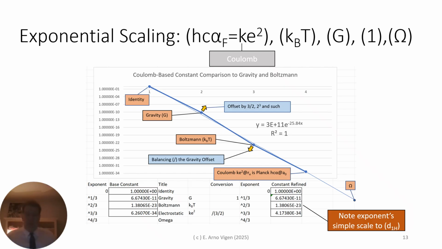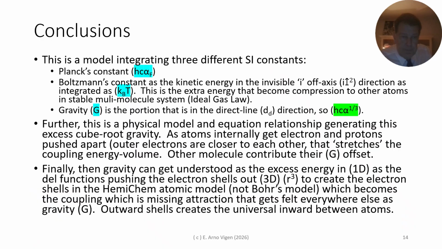So what happens is when you graph these with the identity, they're a perfect R squared. That's something that needs further investigation. And I think that the SI, which has three separate constants, needs to be reevaluated to make them fully coupled and related to each other.